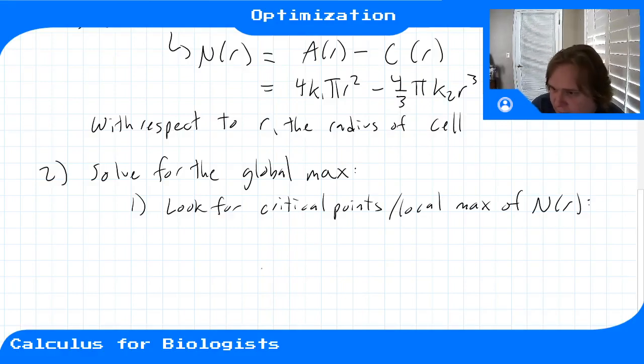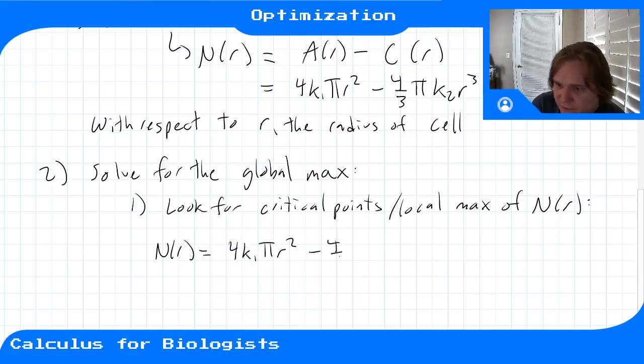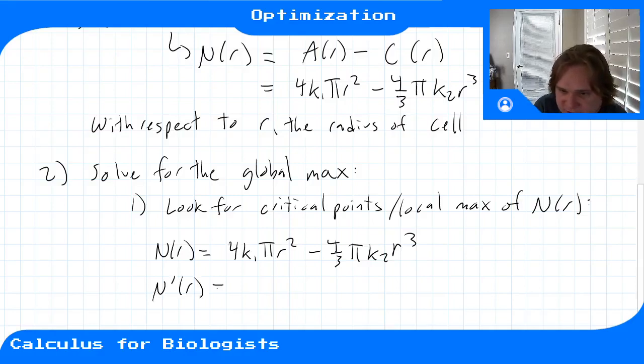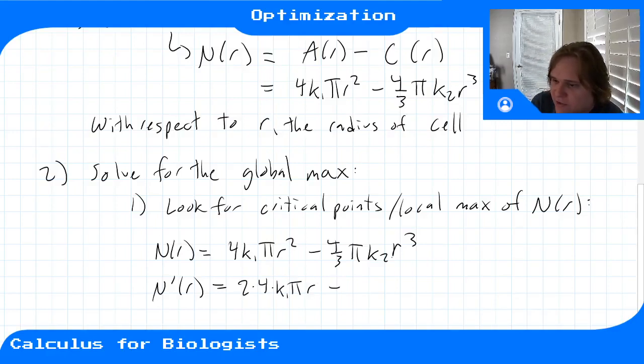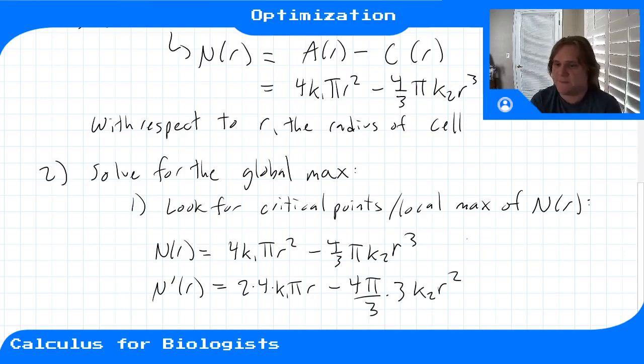We have N of r is 4 k1 pi r squared minus 4/3 pi k2 r cubed. To find a critical point, that's where N prime of r is equal to 0. So we take the derivative with respect to r. We treat 4, k1, and pi as constants, so we get 2 times 4 times k1 pi r. And we treat k2 as a constant, so this becomes 4 pi over 3 times 3 k2 r squared.